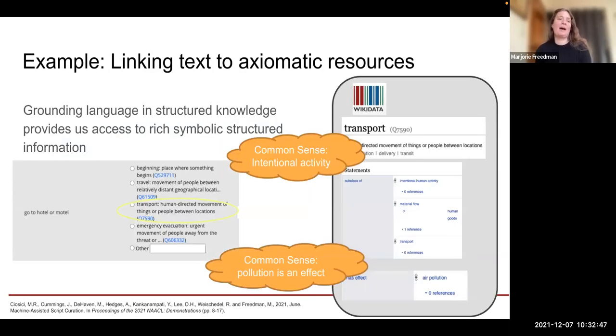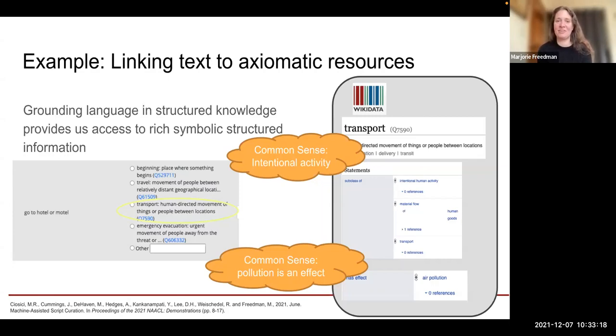And so building on that and connecting back to these structured resources as an additional way to learn and access common sense, you can ground this language in the structured information to provide rich access to symbolic knowledge that may or may not have been learned if you were just reading data. And so here, I've labeled my go to hotel or motel event as a transport, which has a link to Wikidata.